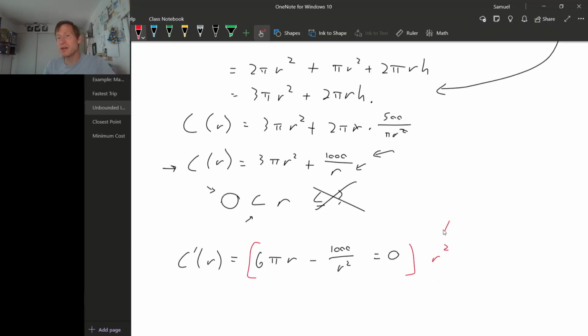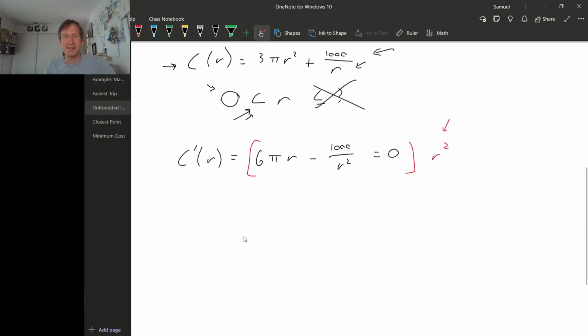We would have to worry that we could be multiplying by 0 if r could be 0, but remember, we've specifically excluded the possibility that r is 0. So multiply everything by r squared, we get 6 pi r cubed minus 1,000 equals 0.